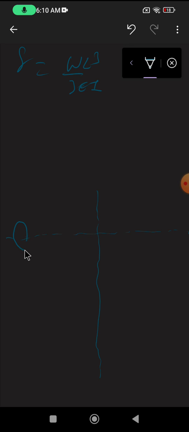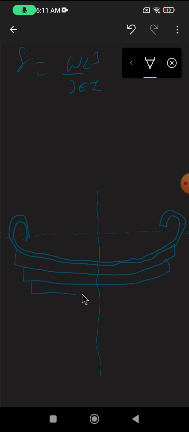So this is the eye, this is the first eye. Then there is the second. So this is a leaf, this is another leaf.